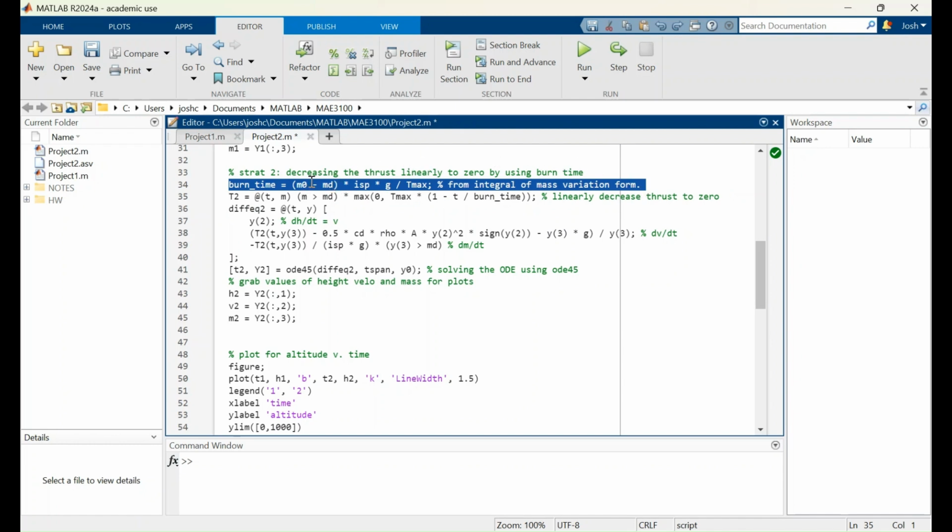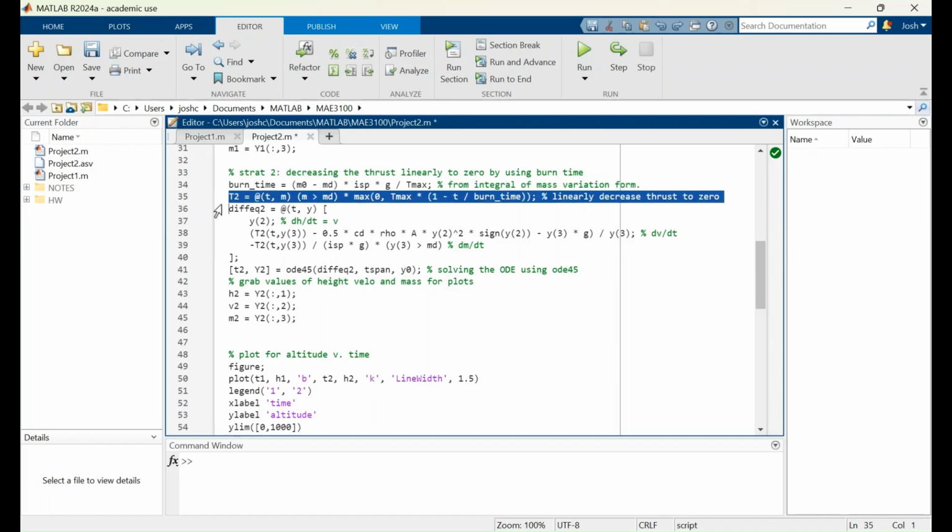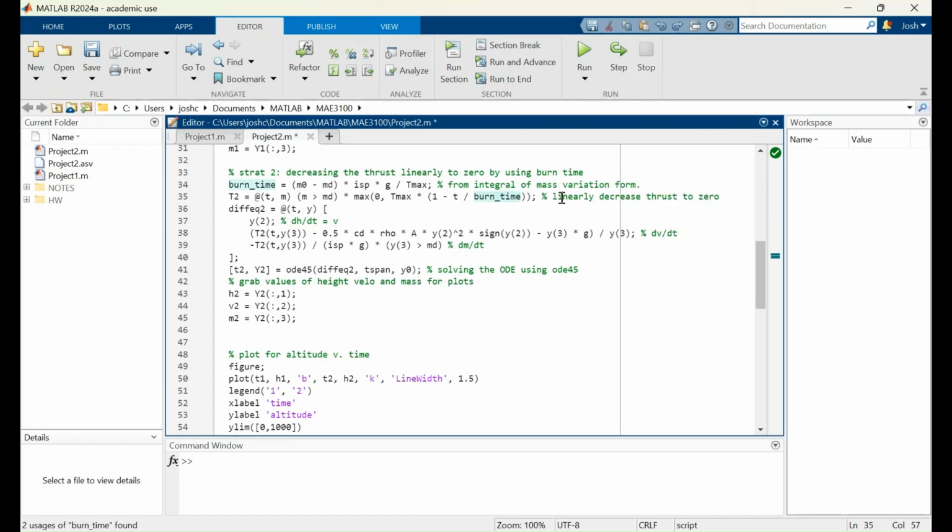So now we're decreasing the thrust linearly to zero using our burn time equation. As you can see, that's us using burn time to linearly decrease it to zero.